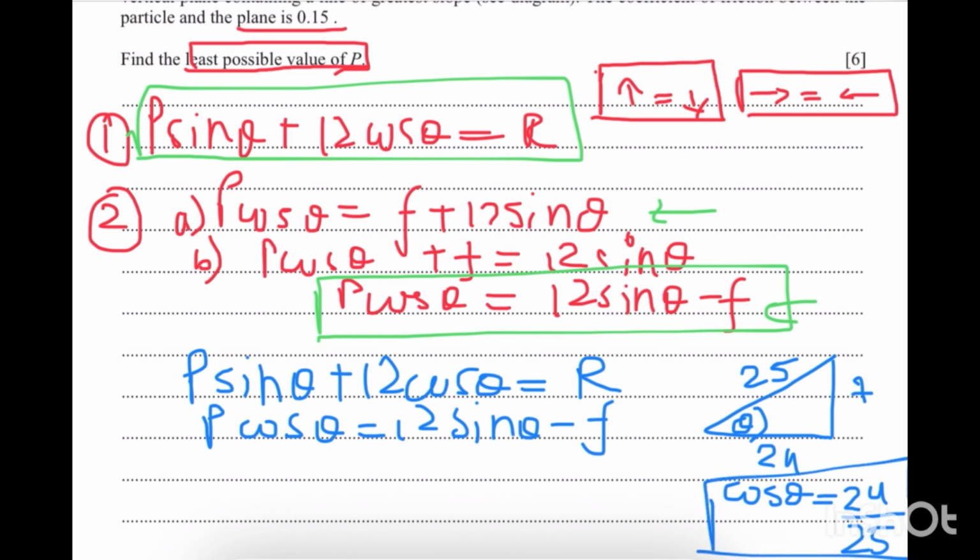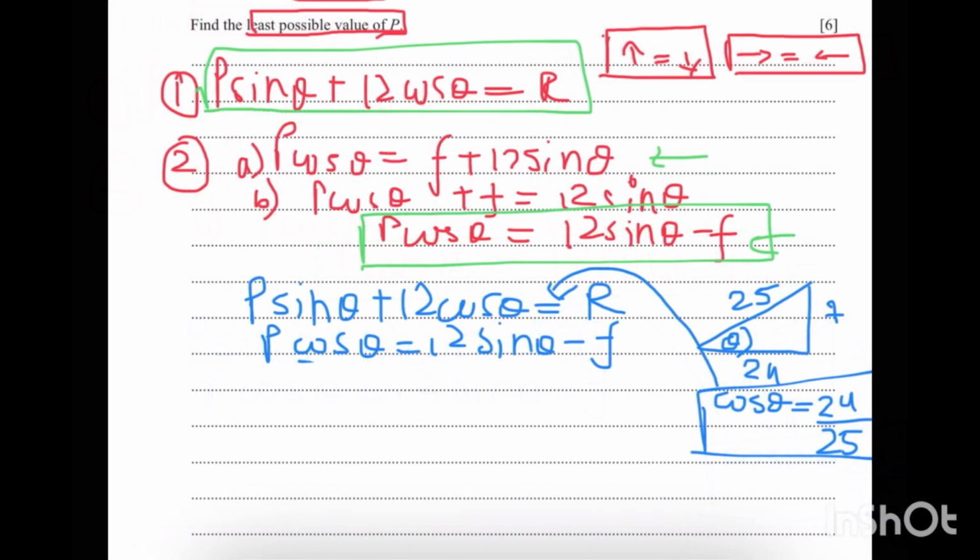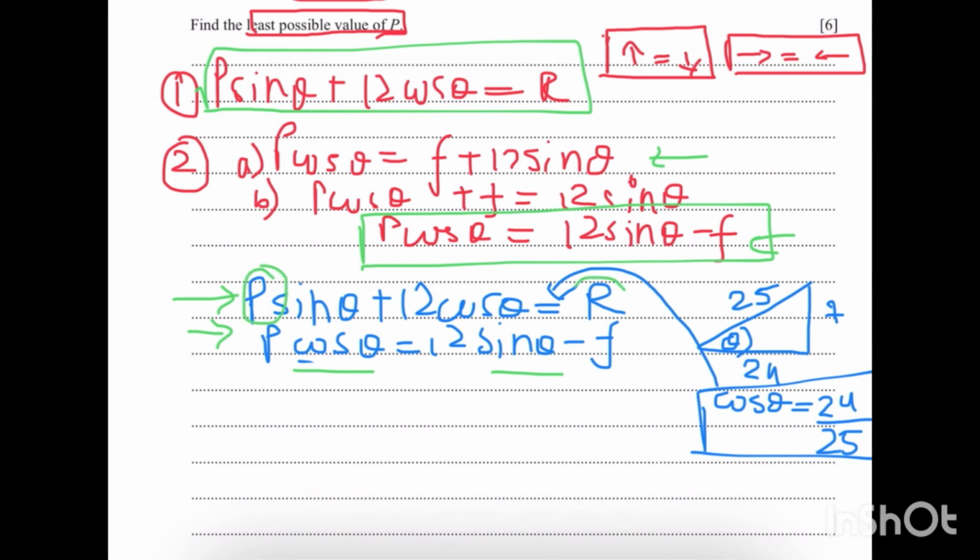So now we can use this information and plug it into these equations. In order to simplify these two equations to find the value of P, you will need to find like terms. One is cos theta and sine theta, the values that we have, so we can simplify those. The other unknowns are P, R, and the value of friction. So we need to find a way to simplify that.